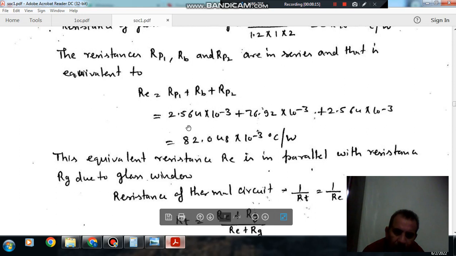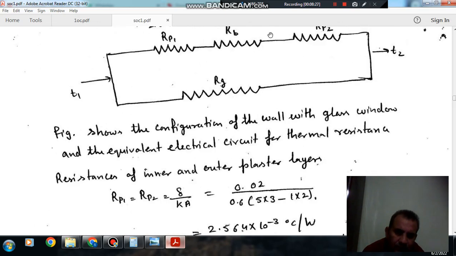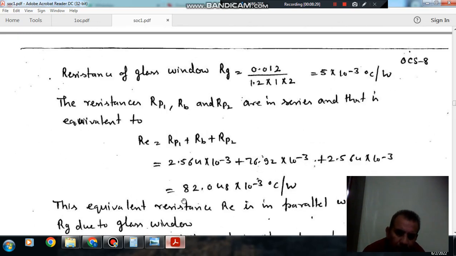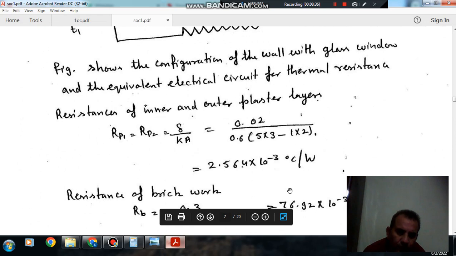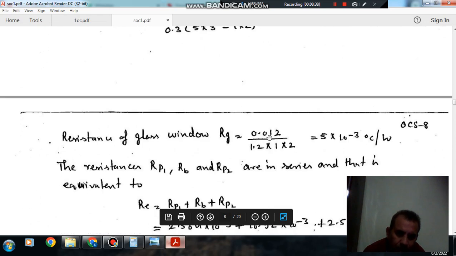We have calculated 2.564 into 10 to the minus 3, and RB is 76.92 into 10 to the minus 3, and this is also the same. So the equivalent resistance of this branch is 82.048 into 10 to the minus 3 degrees Celsius per watt.